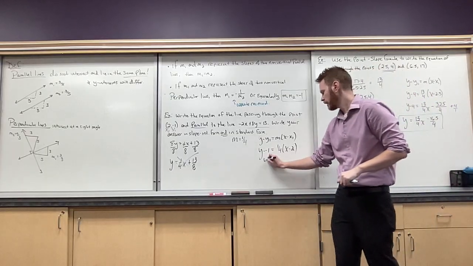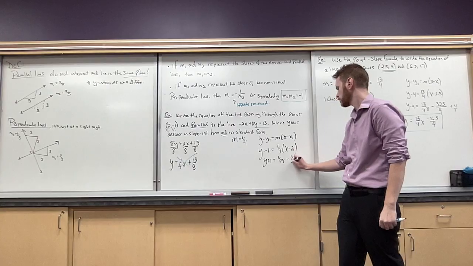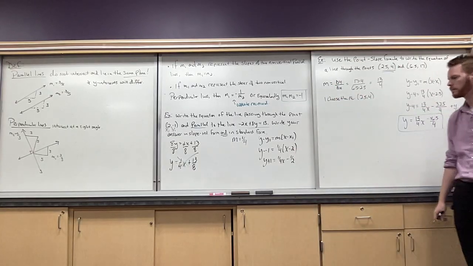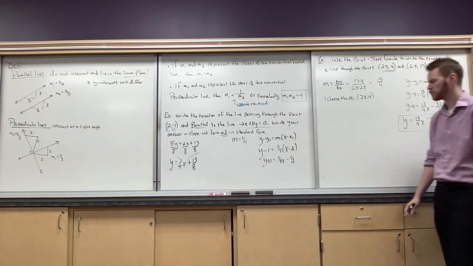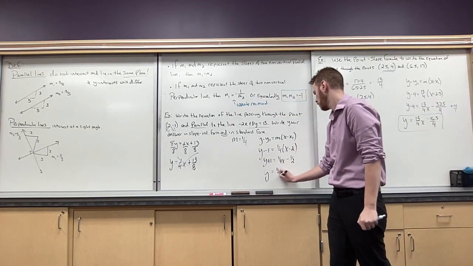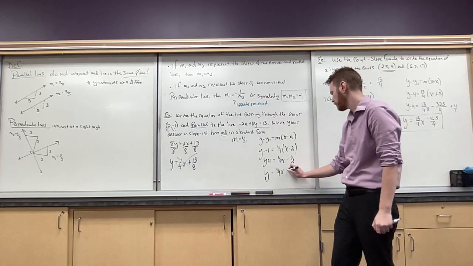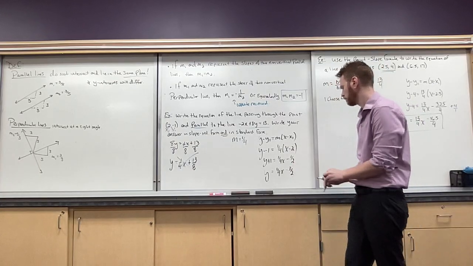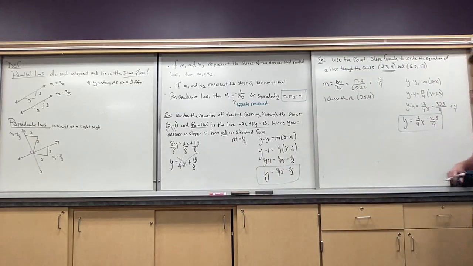So we get y plus 1 equals 1/4 x minus, I'm going to reduce it in one step, minus 1/2. Then we'll subtract the 1 to the other side. So we get 1/4 x minus 3/2. There we go. That is slope-intercept form.